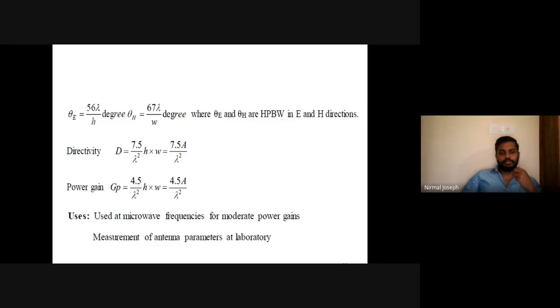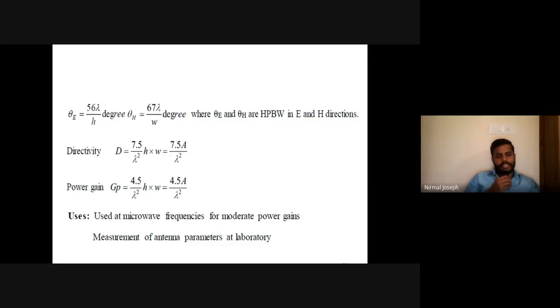So theta E is 56 lambda by h degrees, and theta H is 67 lambda by W. These are just the E plane and H plane half power beam widths, given here. The general equation for directivity is 7.5 lambda square by h into W, which is equal to 7.5 A divided by lambda square.